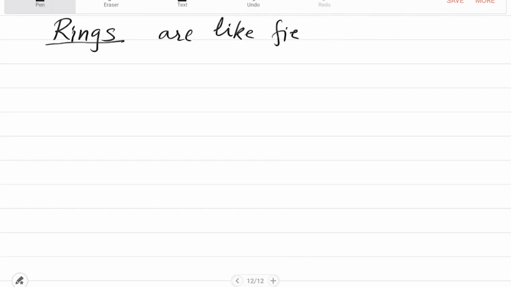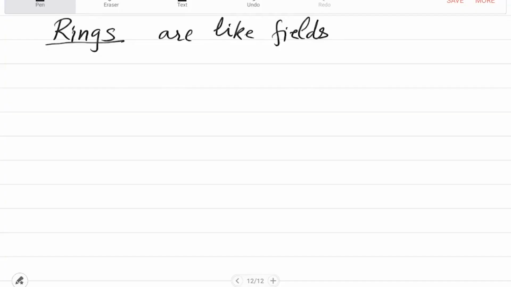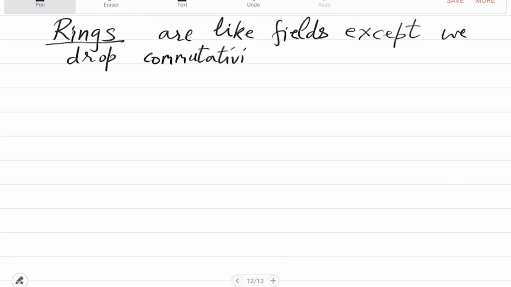Some properties are missing, except that we will drop commutativity and multiplicative inverse. So these are like fields, except we drop commutativity and inverse conditions.